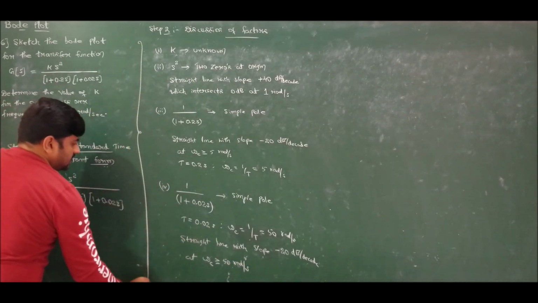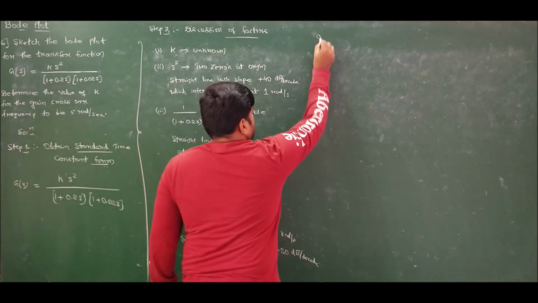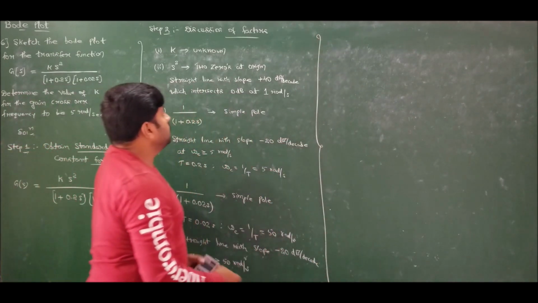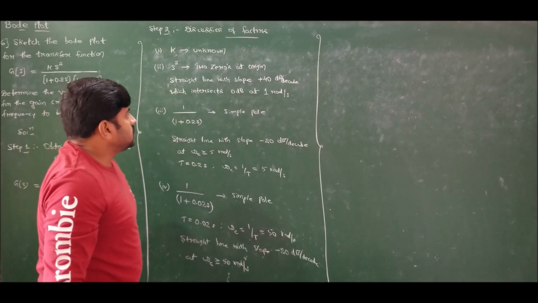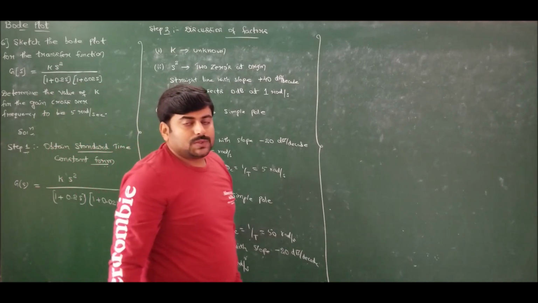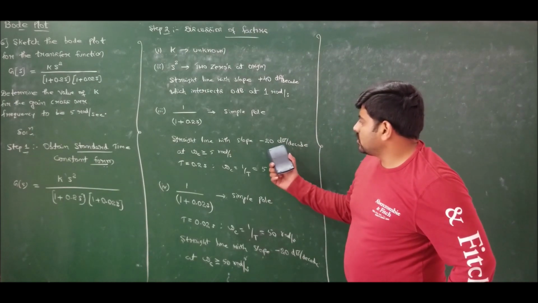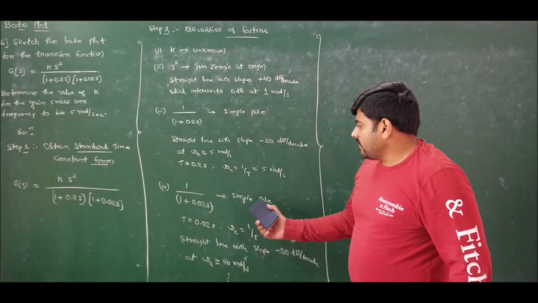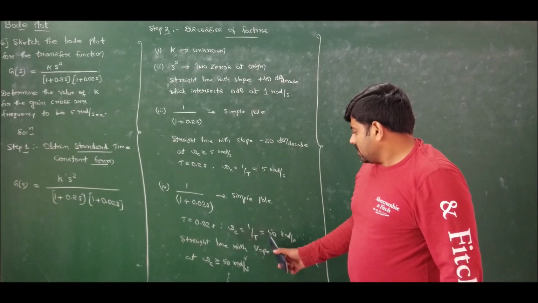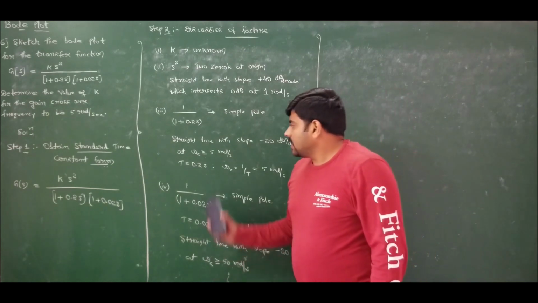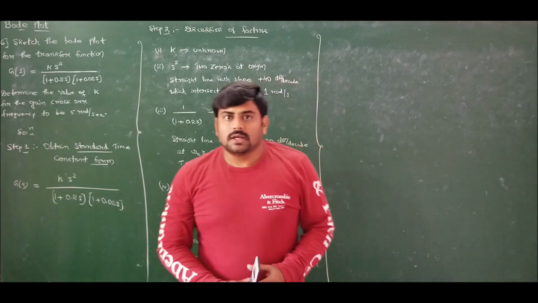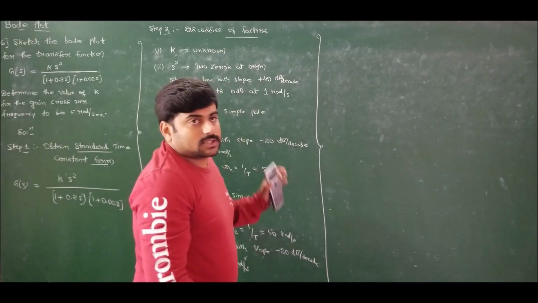So thereby we have discussed all the factors given for us. The factor K is unknown for us. Coming to two zeros, the slope of two zeros is plus 40 decibels per decade. Then we have a simple pole with slope minus 20 decibels per decade, and we have another simple pole with minus 20 decibels per decade, and we know the frequencies. So hence I can go for the resultant slope table.